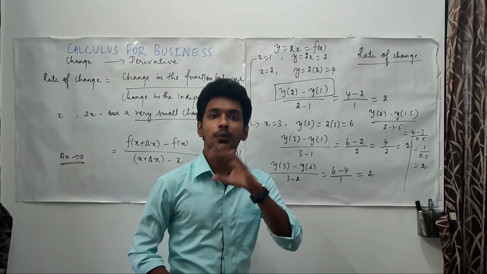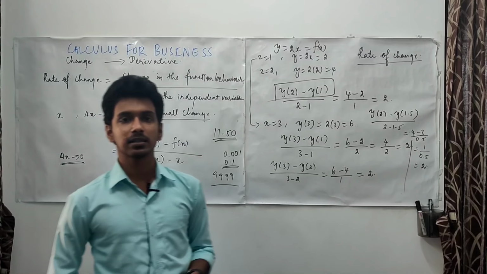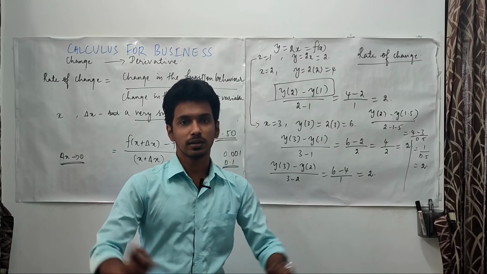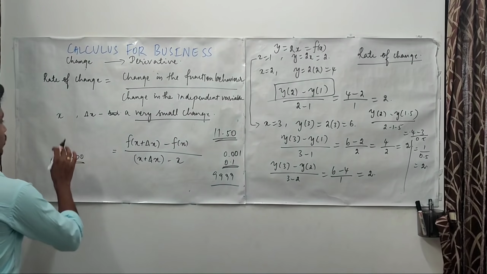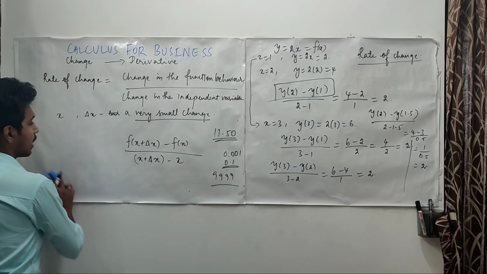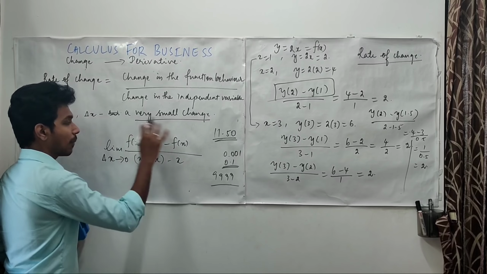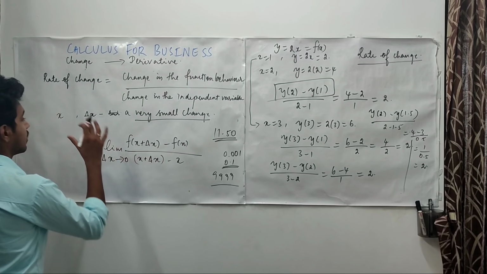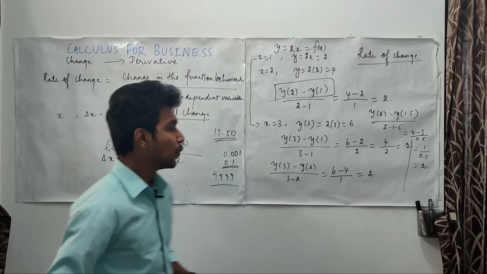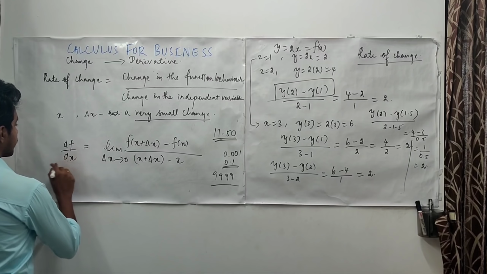That is why we have the concept of limits, that approaching concept in mathematics that fits into the situations as it wants, right? So as this delta x approaches 0, what is going to happen to this rate of change is called the derivative of a function. We represent that as df upon dx.